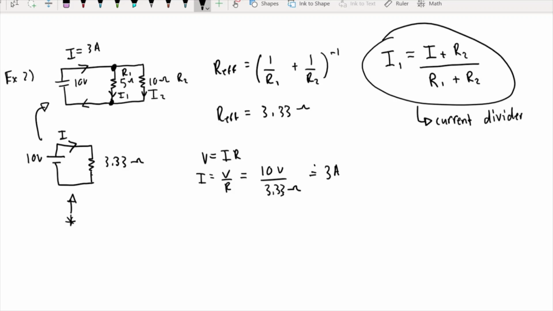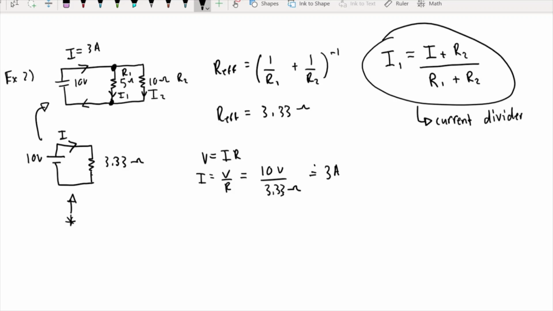So let me ask you something before we solve. Looking at the circuit, which current do you think is going to be higher, I1 or I2? I'll give you a second to think about that. Well, now that you have your answers in your head, I'm going to explain which one it's going to be. There's more resistance in the 10 ohm path than the 5 ohm path.